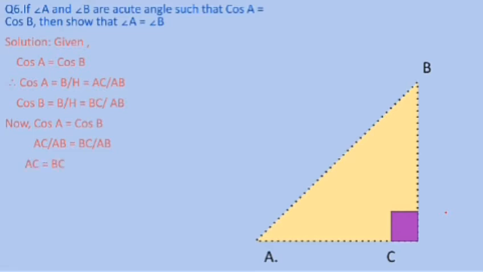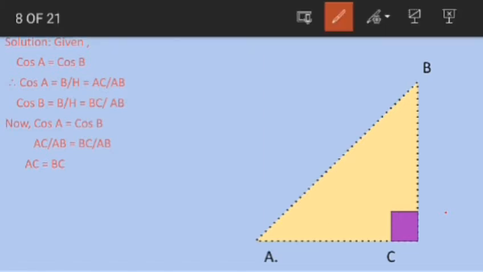So we have found that these two sides AC and BC are equal from what we are given, that cos A equals cos B. Then we substituted the values of cos A and cos B and ended up with the equation AC divided by AB and BC divided by AB. Now when we cancel out AB from both sides, we are left with the equation AC equals BC.